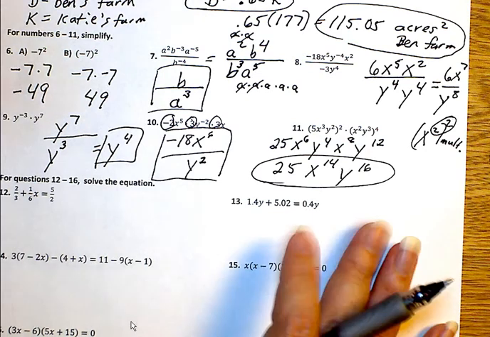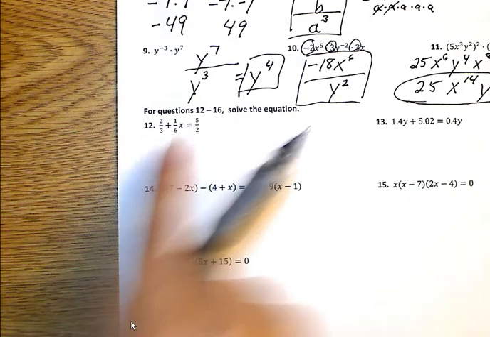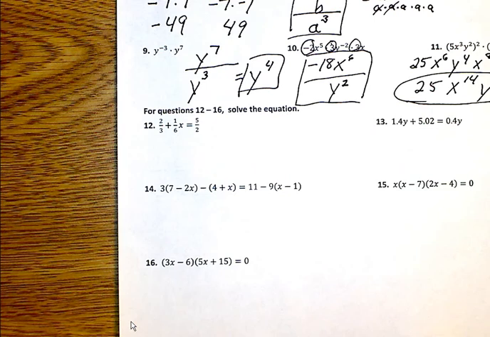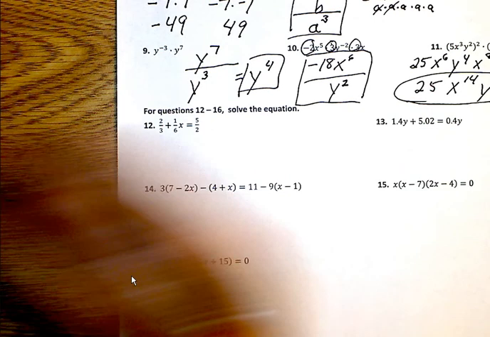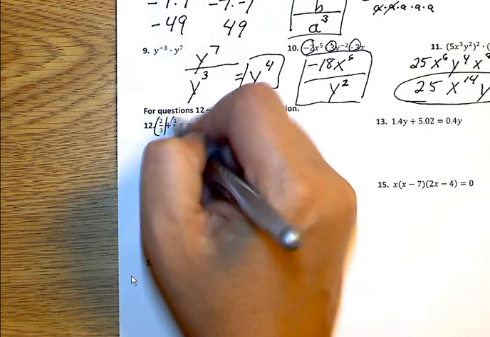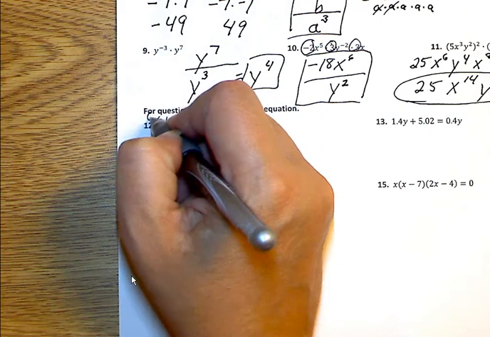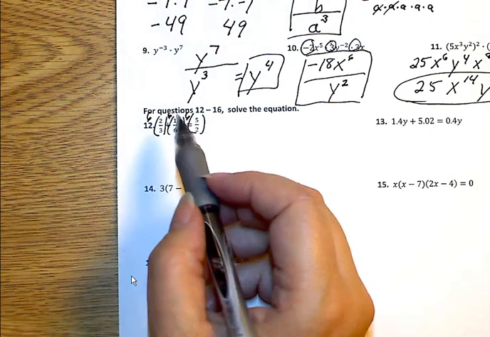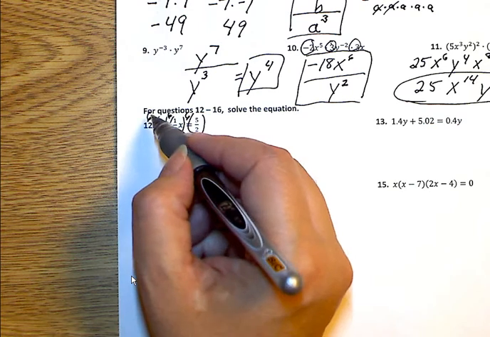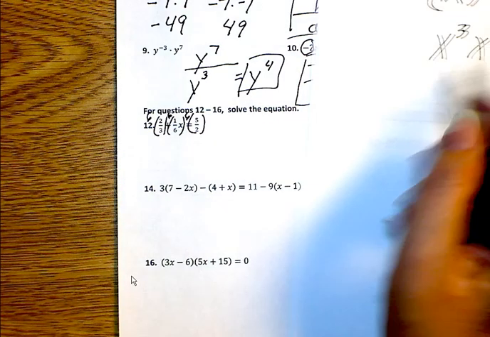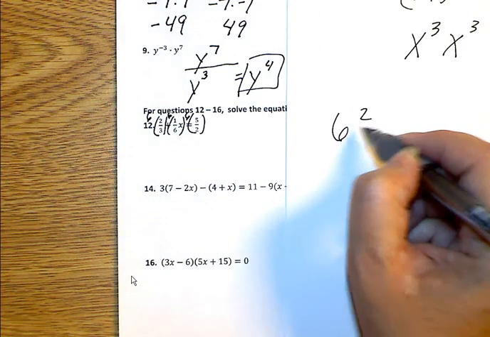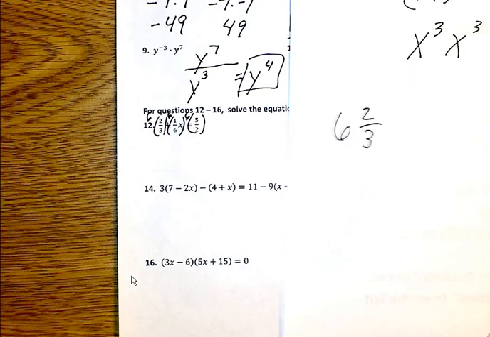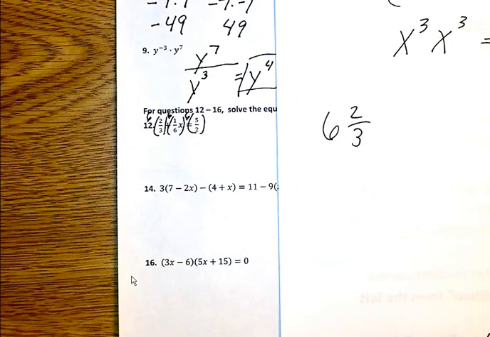Clearing fractions. How do I get rid of my fractions? I'm going to multiply everything by 6. So literally in your calculator, do you guys remember if you have 6 to the 2/3, how do you do that if you wanted to combine them?